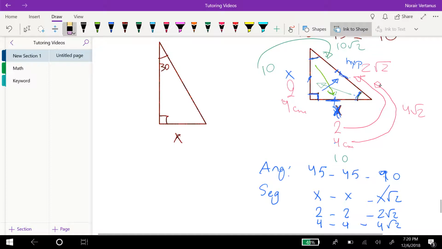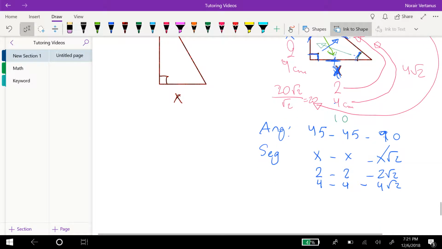If the hypotenuse is 20 rad 2 and you want to find the leg, you divide by rad 2. 20 rad 2 divided by rad 2 is 20. You can go the opposite way too: given the hypotenuse, find the leg by dividing by rad 2.